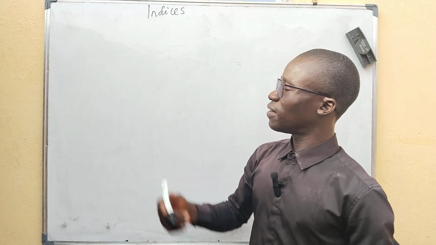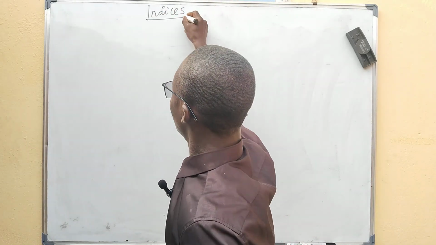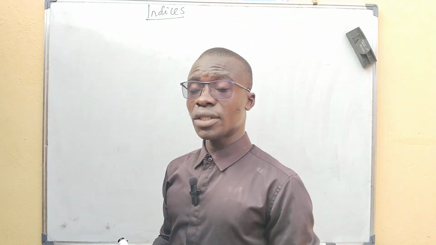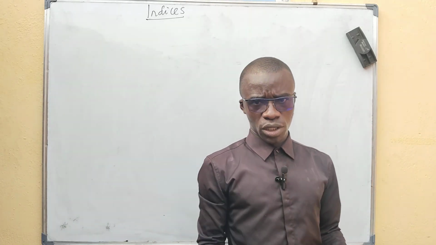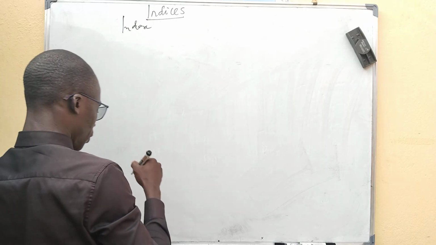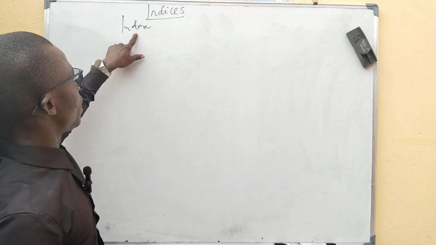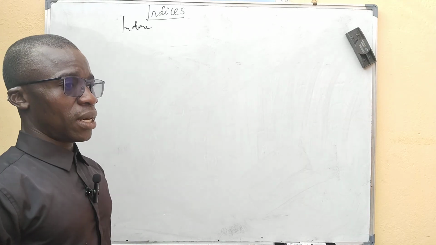Today we want to have a very good topic: indices. Now, when we talk about indices, indices is coined from a root word, which is index. What do I mean by index? Index is a real number.